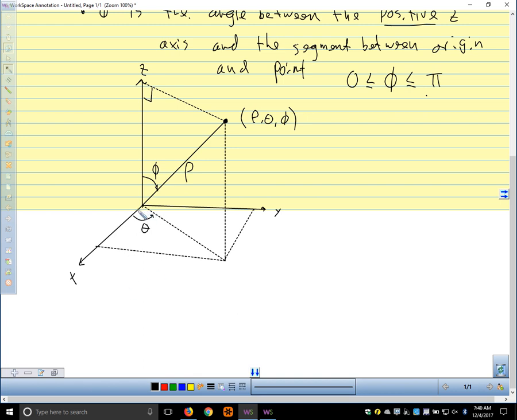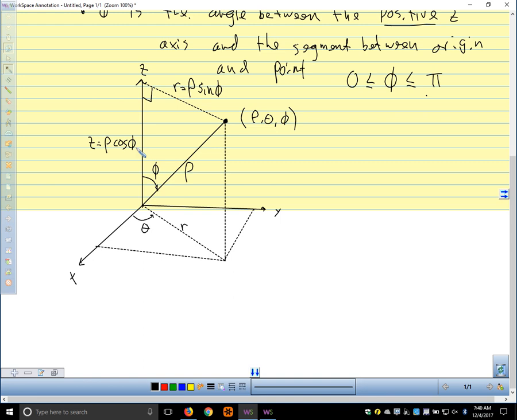So from this right triangle, we can see that, oh, and this is our polar r. And it's the same as this distance. So we can see from this right triangle that r equals rho sine phi. And z, this side, is rho cosine phi. And that's going to be the key to our conversions.